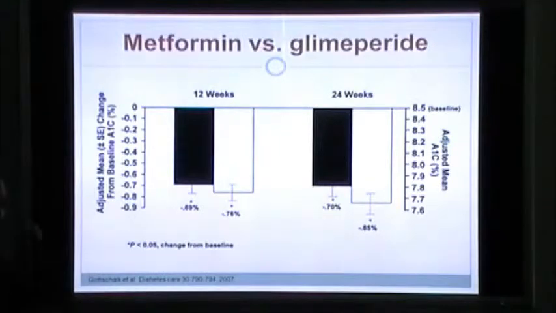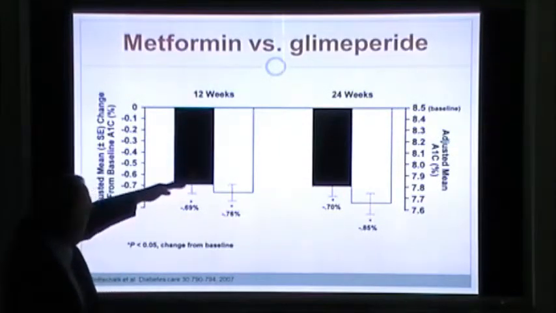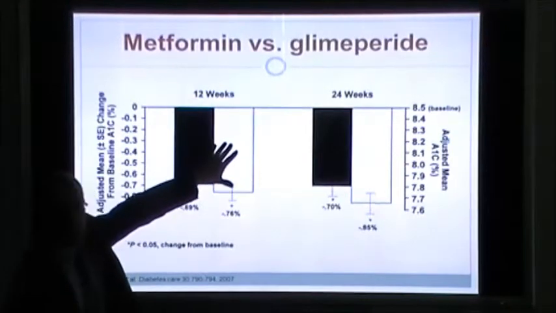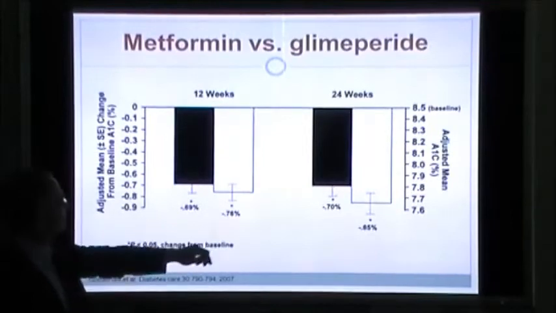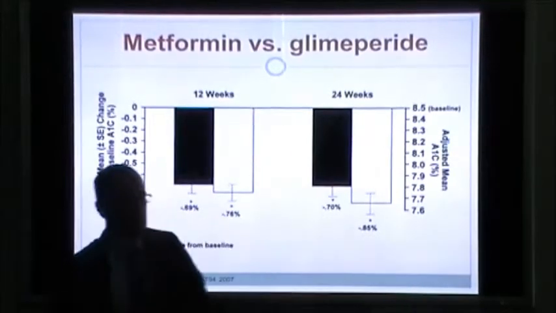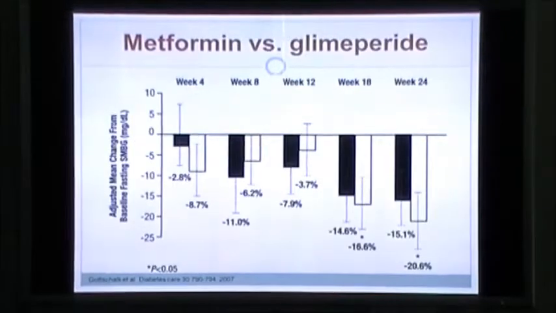And what we see is glimepiride in the black versus metformin in the white. Glimepiride is not quite as good as metformin in decreasing A1C at either 12 or 24 weeks. It's similar but not quite as good, so certainly no benefit over metformin.